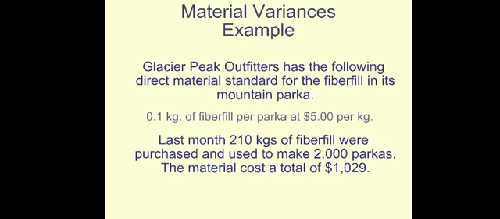The product is the mountain parka, and one of the materials used in its production is the fiber fill. Let's see the standard. The standard for one parka is 0.1 kilogram of fiber fill per parka at $5 per kilogram.